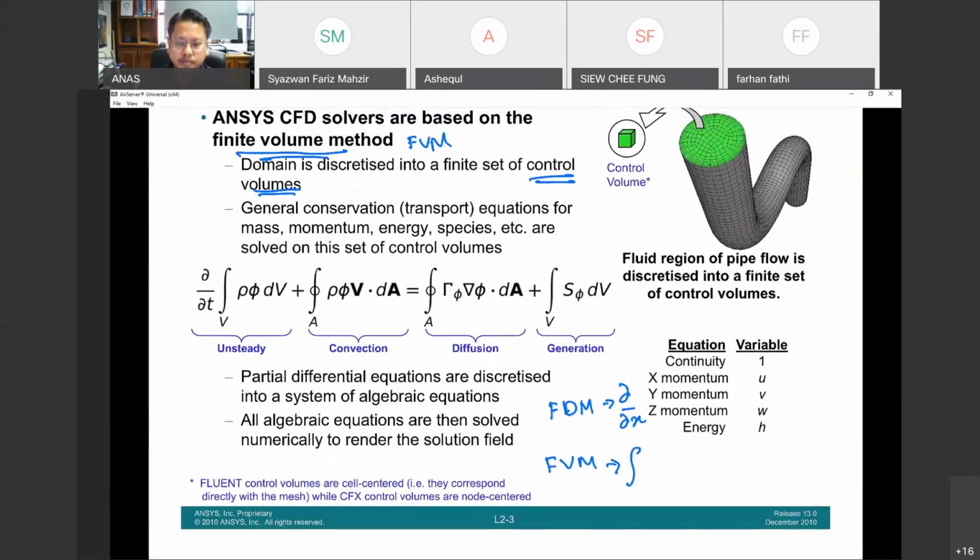Later on, hopefully we can see the difference between these two. It is all in the mathematical formulation: FDM derivation, finite volume integration. But it doesn't mean FVM doesn't have any partial differentials at all. Of course, they are part of the numerical solutions.